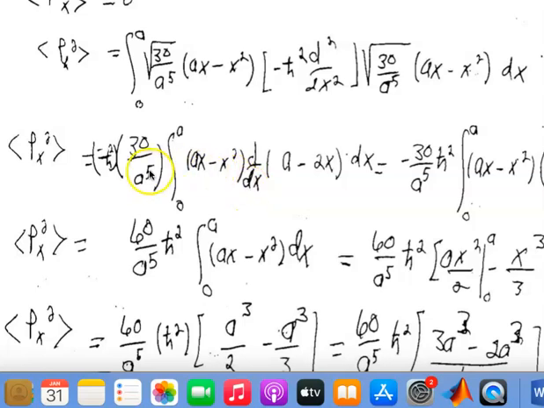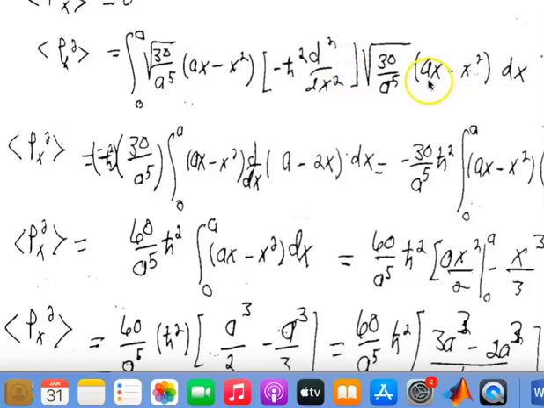All right, so here we go. You can factor out, what did we factor out? A squared, 30 over a to the fifth. We leave this term just as it is, and notice that it's been differentiated once.